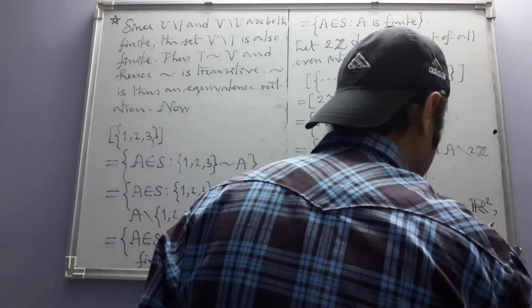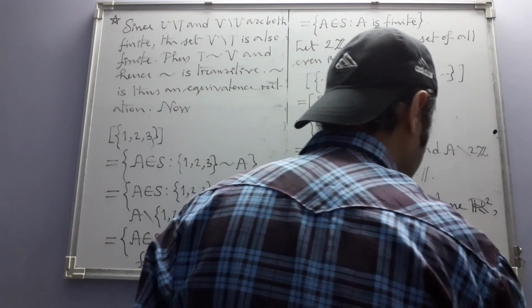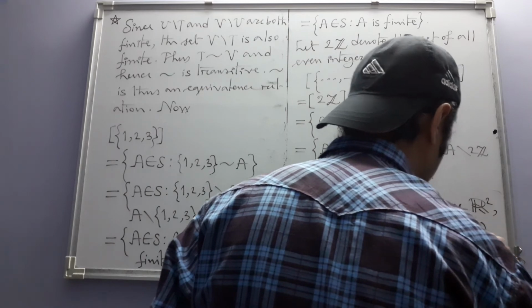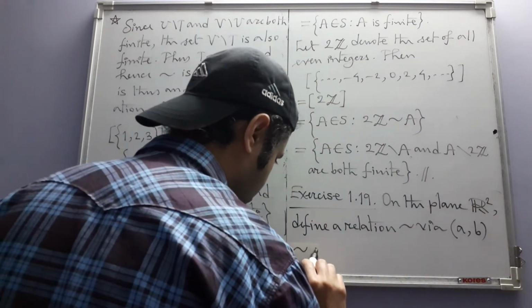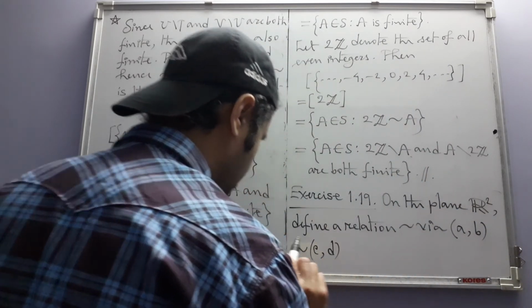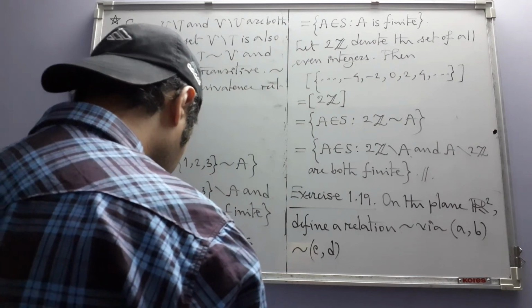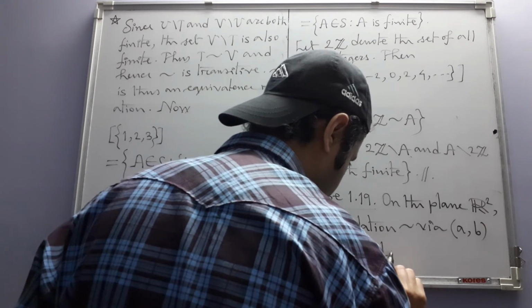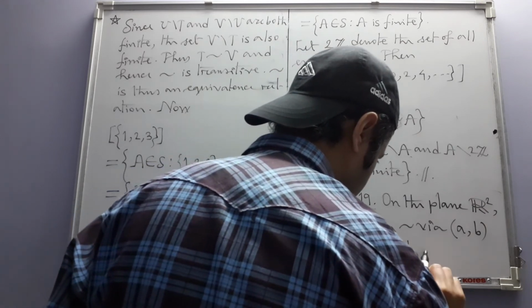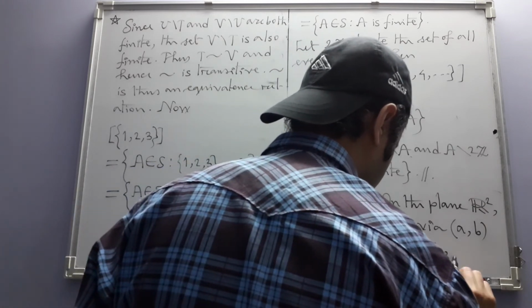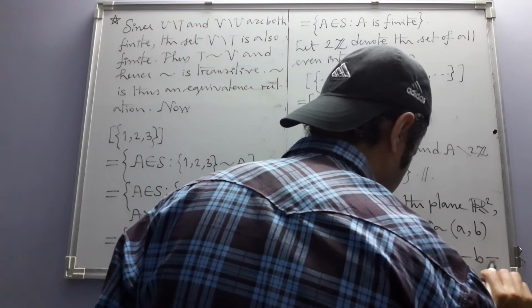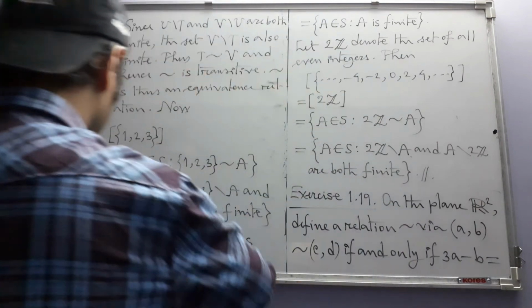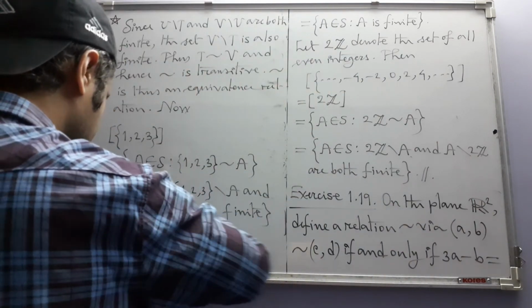Now a is not just simply a, because we are in the plane, so each element is an ordered pair. a, b is related to c, d if and only if 3a minus b is equal to 3c minus d.